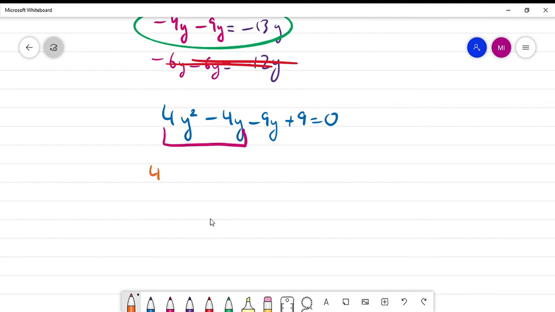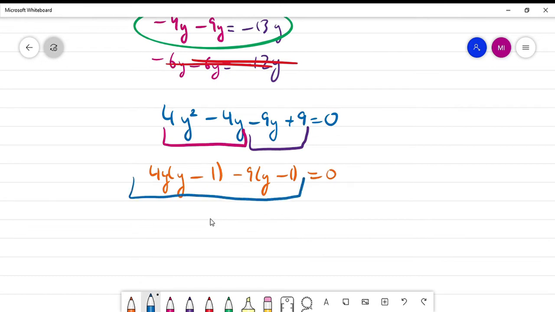We get 4y into y minus 1. And here, let's take negative 9 common. We get minus 9 into y minus 1 is equal to 0. And now out of the left-hand side, let's take y minus 1 common. We get y minus 1 into 4y minus 9 is equal to 0.